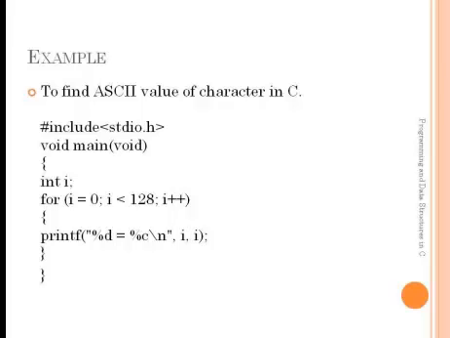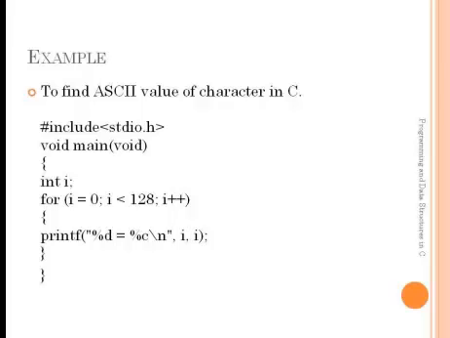So first i equals 0. After that, the second step is that it will check this condition. The condition is i less than 128, that is 0 less than 128. Then it will execute all the statements in the for loop. We have only one statement: printf("%d = %c", i, i).